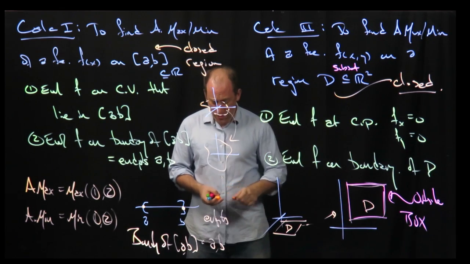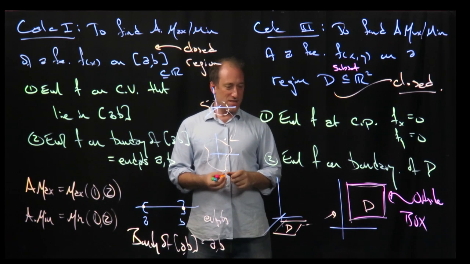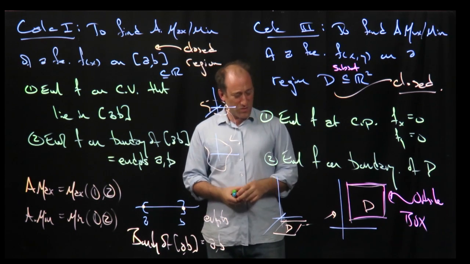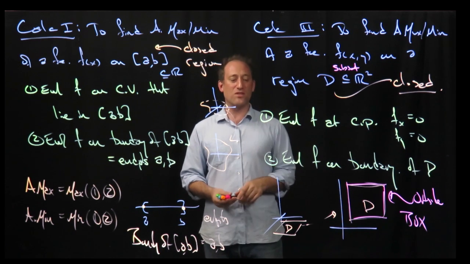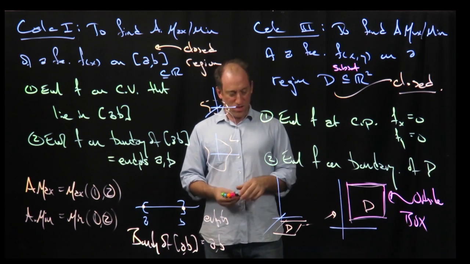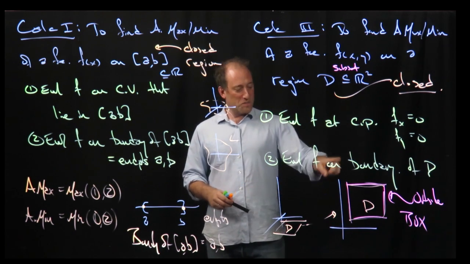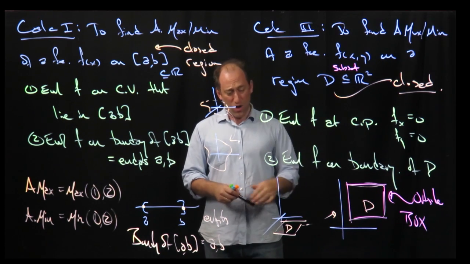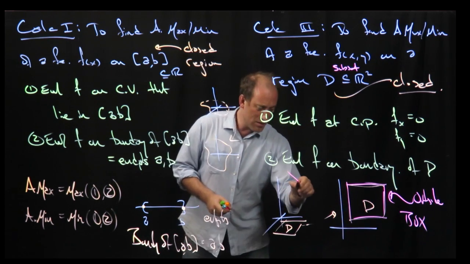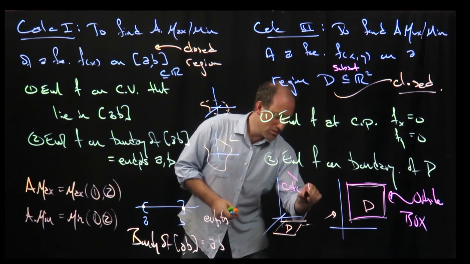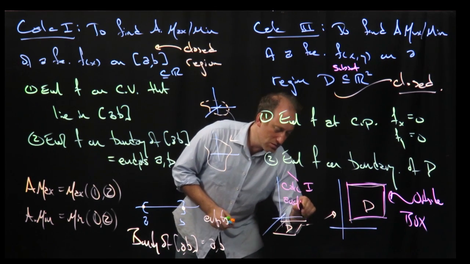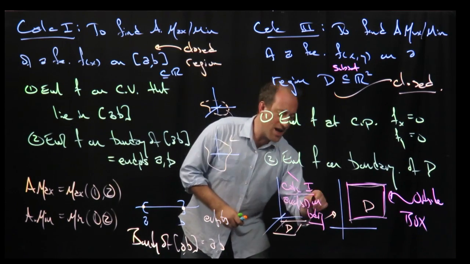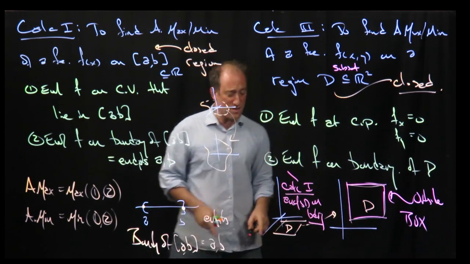A final word about this second step. It can really be done in several ways, but we'll concern ourselves with 2 of them. One will be to do a Calc 1 analysis on the boundary, and you'll see what I mean in the next example.